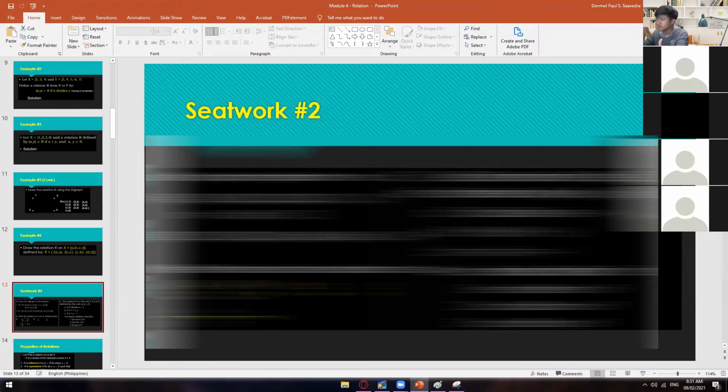From here, you have additional tasks: identify the elements of R of letter A, then the domain of R, and then the range of R. Do not just get the ordered pairs. Get the elements, then the domain, and then the range. The same goes for B and the other letters.